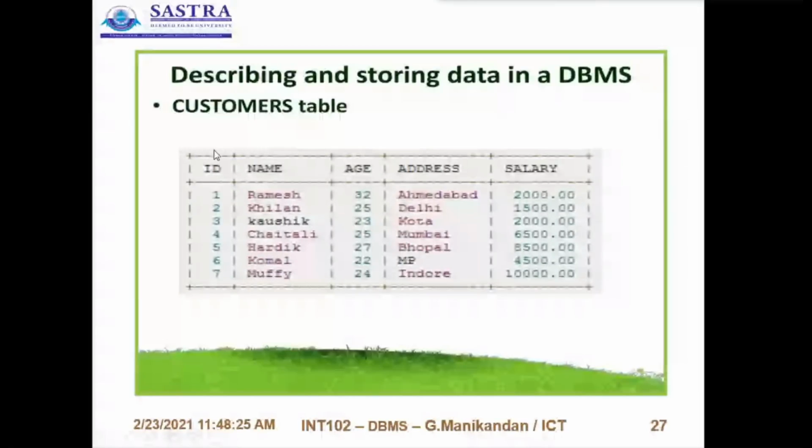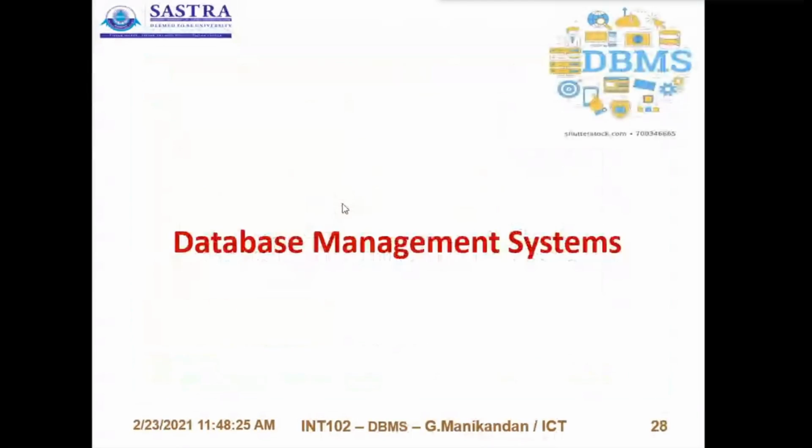For each customer, I have stored the name of the customer, age, address, and salary. So this is a diagrammatic representation of a single table. Like that, you will have a collection of tables, and that collection of tables is called a database. So don't get confused: your database is different from a database management system, DB versus DBMS.